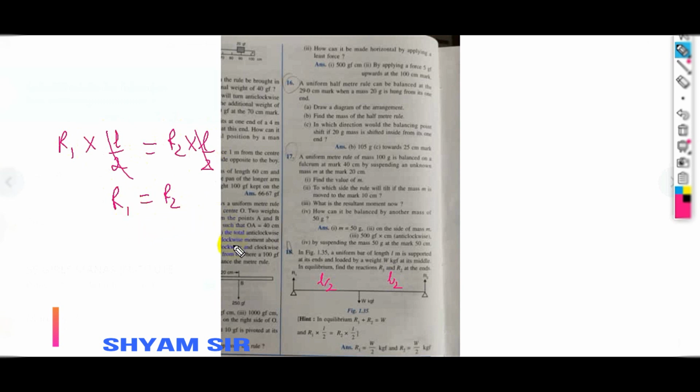And it is mentioned that R1 plus R2 is equal to W, as we know in equilibrium. So instead of R1 I can write R2, or 2R1 is equal to W. R1 is equal to W by 2, and R2 is equal to W by 2. So we found the reactions. That's all.